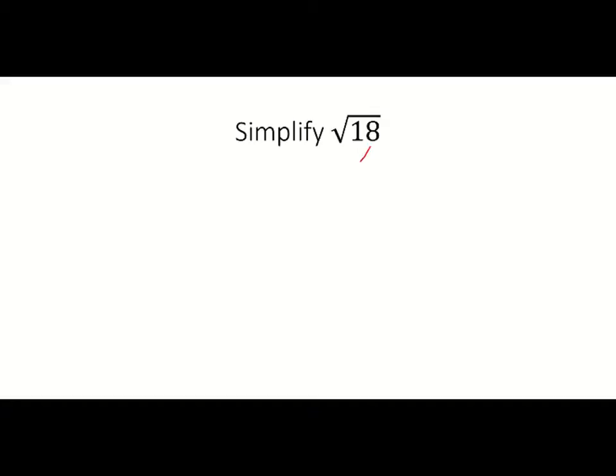What can I multiply together to get 18? Well, 18 would be 2 times 9. 2 won't break down anymore, but 9 will break down to 3 and 3. Now, I like to keep all my numbers in a horizontal line, so I drop the 2 down one more time, and I have 2, 3, and 3. Now, when I simplify square roots, I'm looking for the same number 2 times.